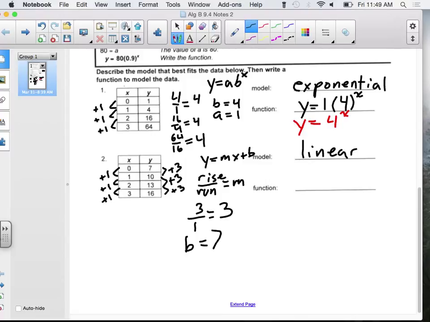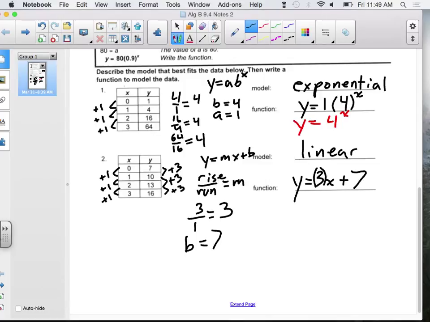So we can rewrite our function. So y equals what? y equals 3x plus 7. How come we don't put parentheses around the 3 and x? Because we're multiplying, we could do that. So we're taking 3 times x.